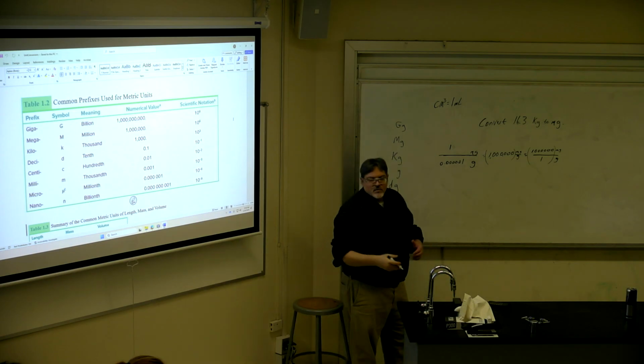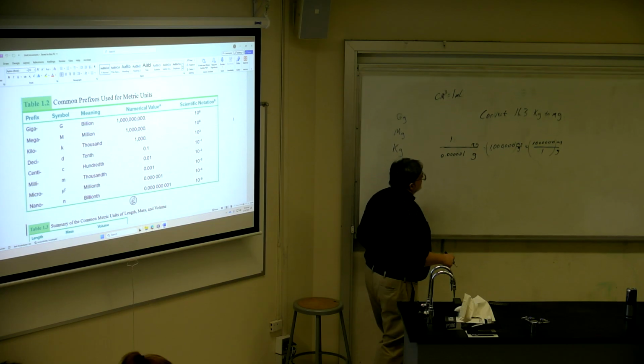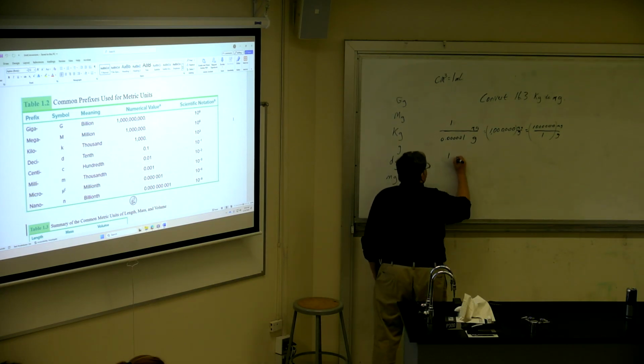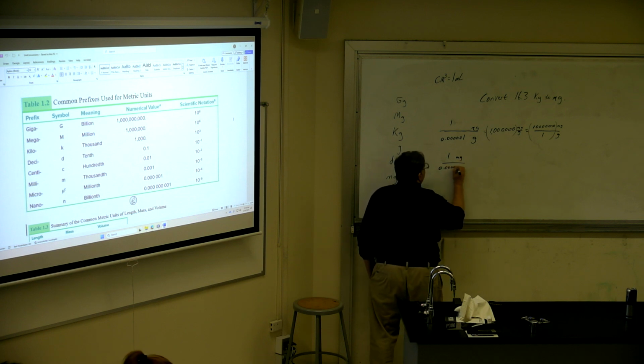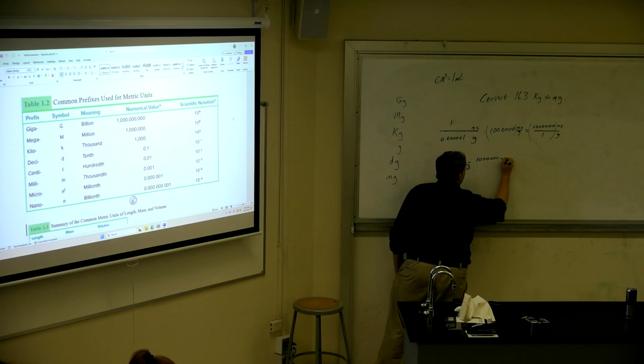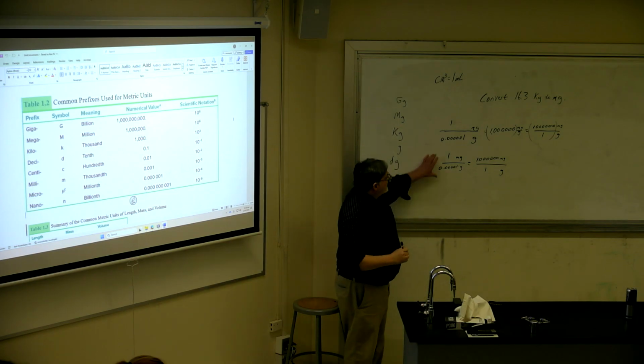This numerical value and this numerical value is the same. You just put something over the 1 and it equals itself. What else can I do? So what I'm telling you is, you could use this conversion factor. But that also equals 1,000,000 micrograms in 1 gram. See what I'm saying?